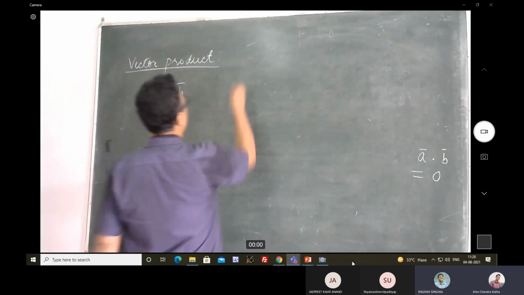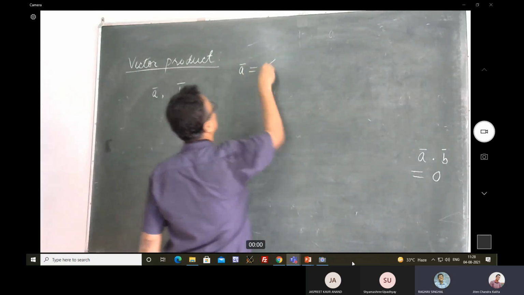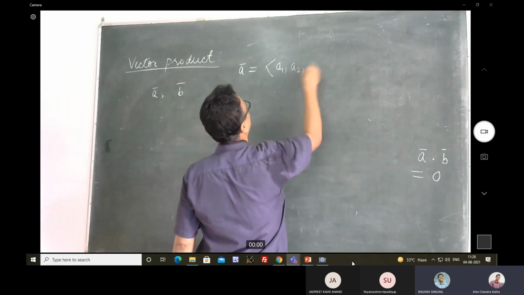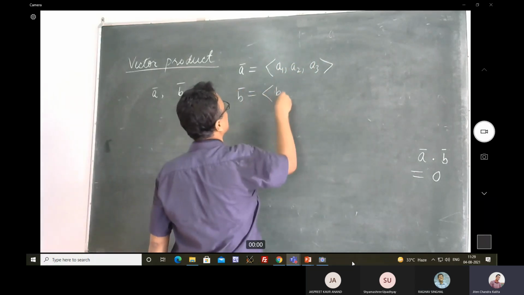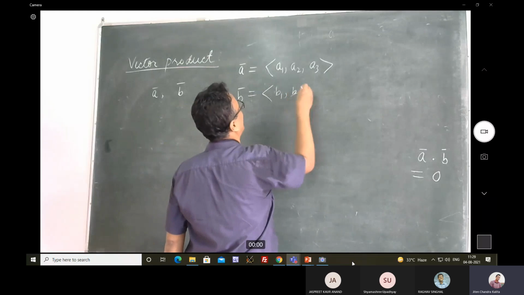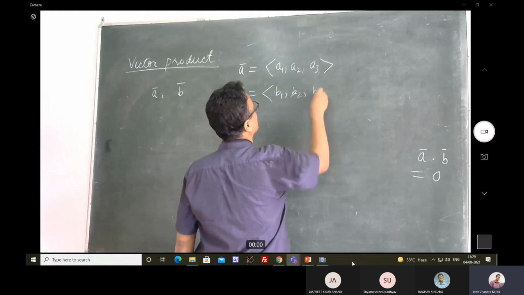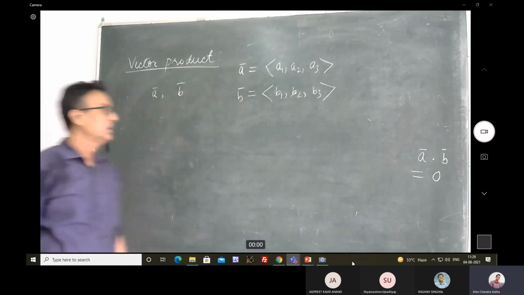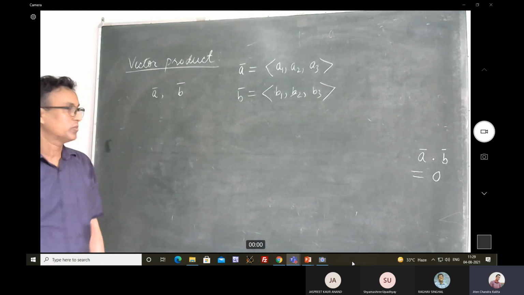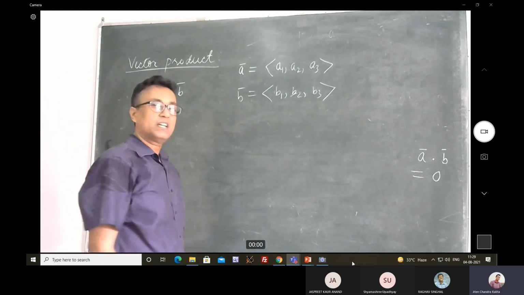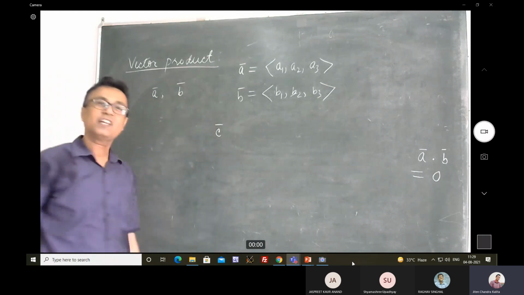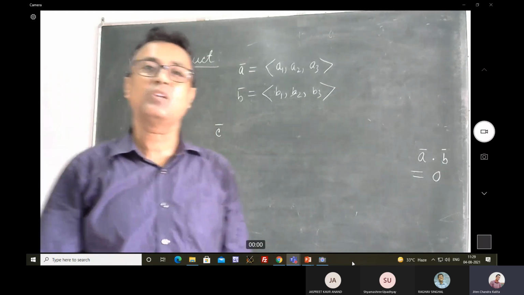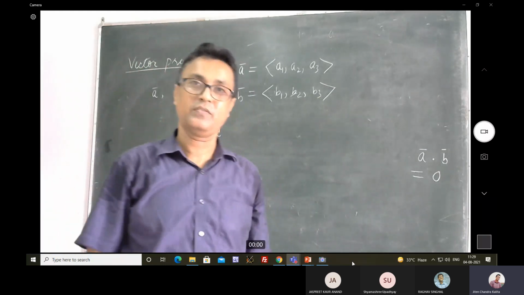Now, suppose my A is given by A1, A2, A3, and B is given by, say, B1, B2, and B3. Now, suppose I am seeking a vector C in such a way that C is perpendicular to both A and B.